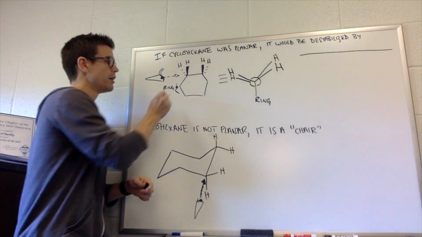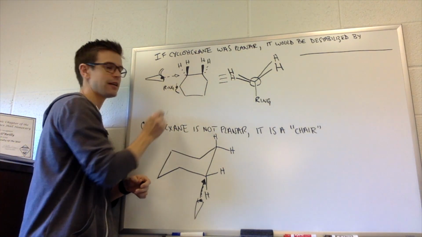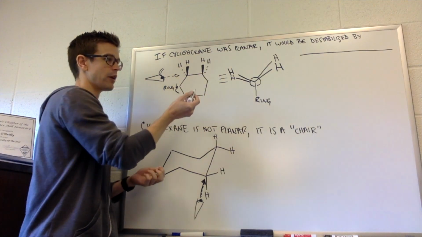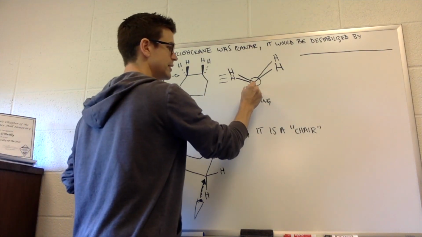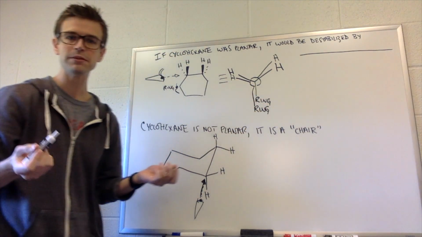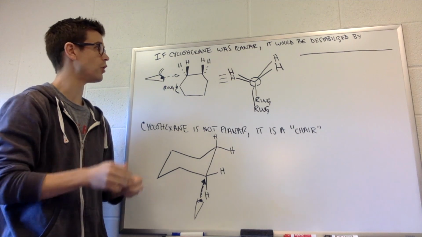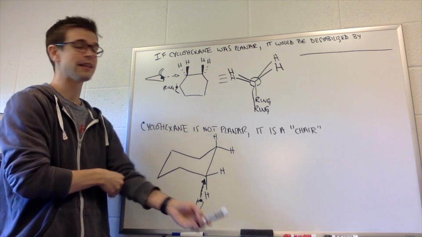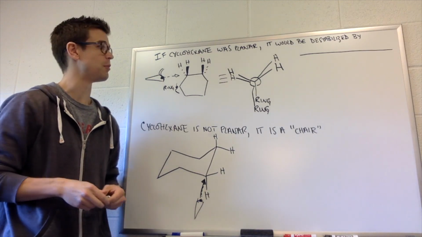And further, this carbon of the cyclohexane that we've labeled ring here is in the same plane as this carbon of the ring, so we know that those CH2s that are part of that ring are also going to be eclipsing one another. So if cyclohexane was planar, we can now see that it would be a pretty destabilized molecule.